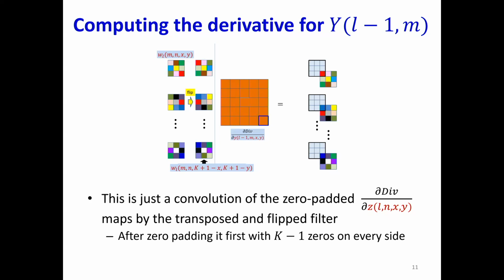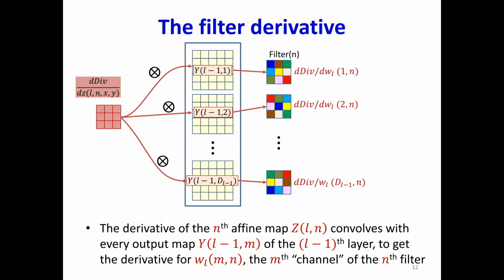But this could be repeated many times. We also saw how to compute the filter derivatives. Now, the derivative of the loss with respect to any particular filter channel has to consider only one term.